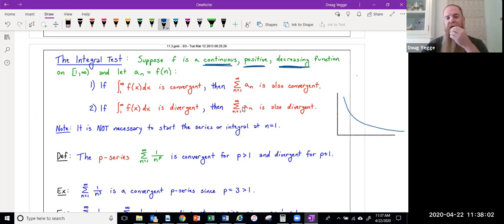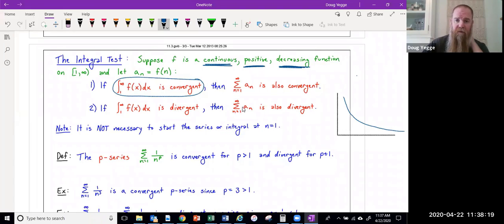If these criteria are met, then and only then can I use the integral test. And the integral test says if you compute the integral and it converges, then the series must also converge.